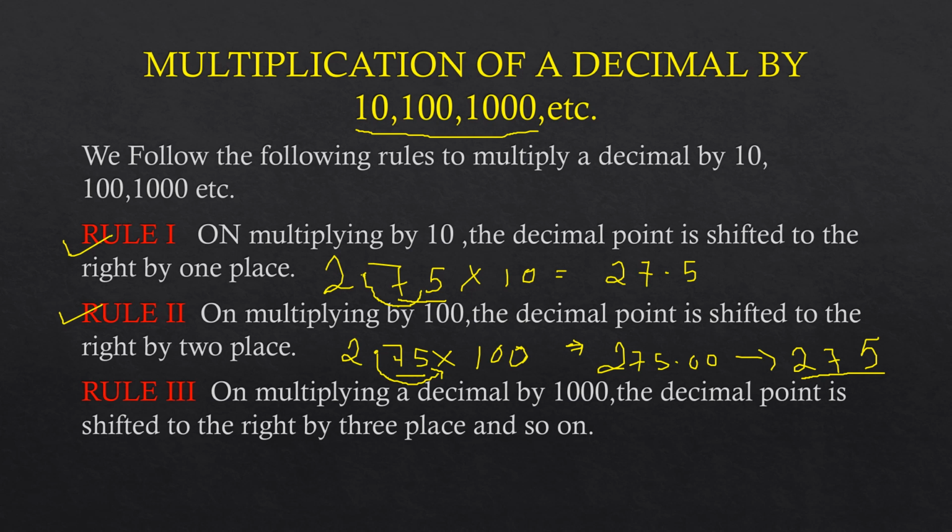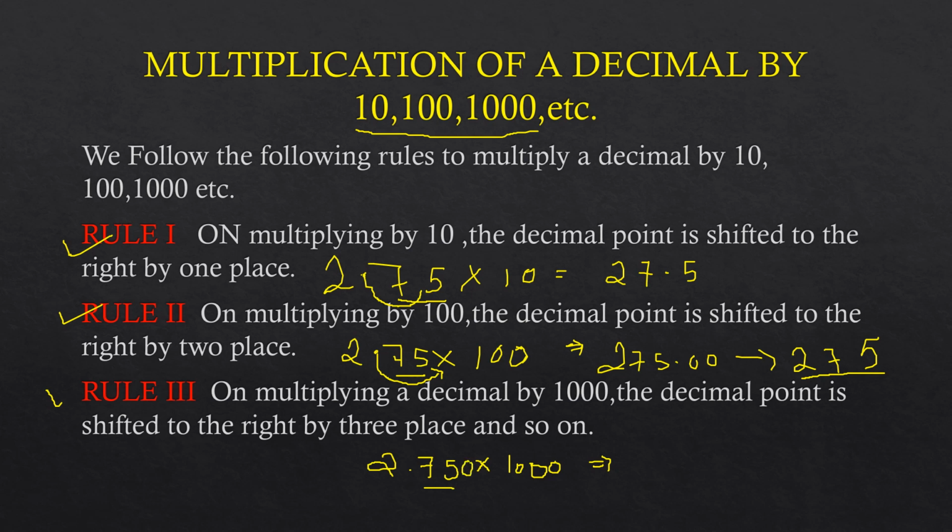Now the third rule. On multiplying a decimal by 1000, the decimal point is shifted to the right by three places, and so on. Let's see the same example. We have 2.75 and we are multiplying it by 1000 this time. We have three zeros here, so the decimal point gets shifted three places to the right. But here we only have two decimal places, so we insert a 0.